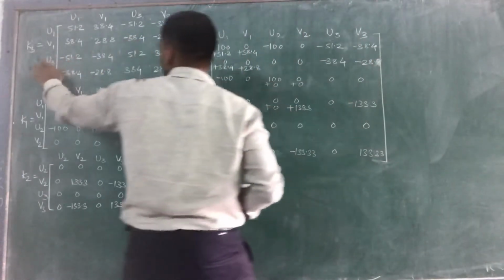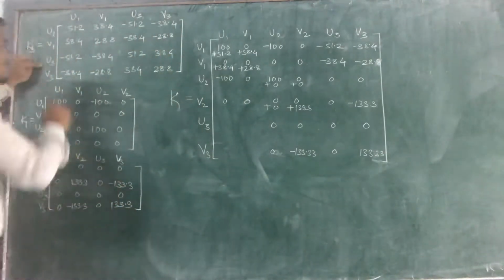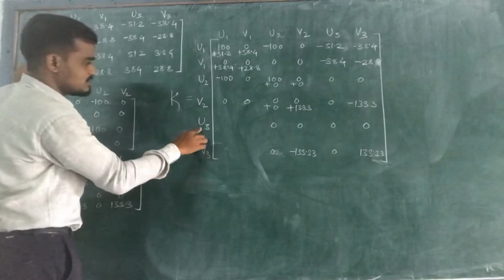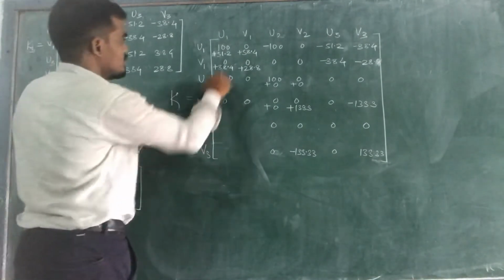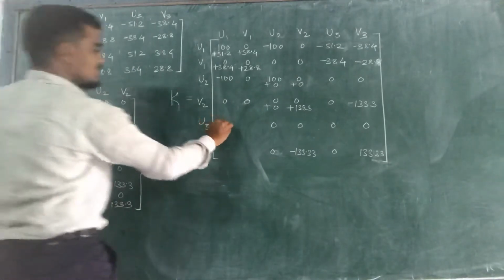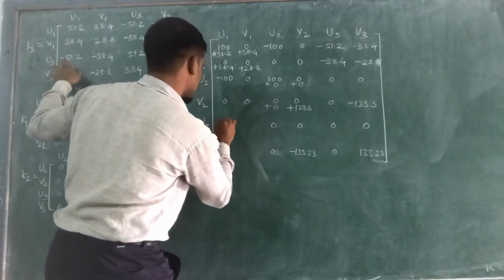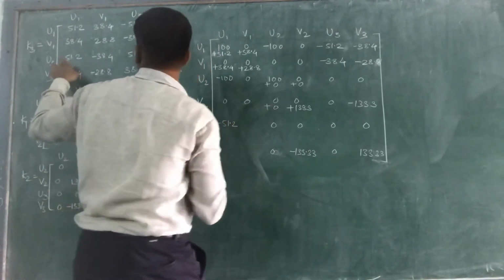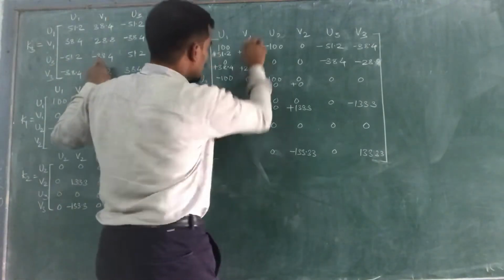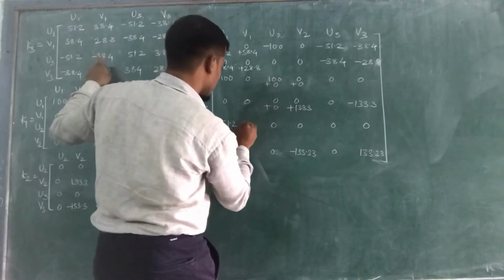Then next, U3 row, U1 column. What is the value? Minus 51.2, minus 51.2. Then U3 row, V1 column: minus 38.4.